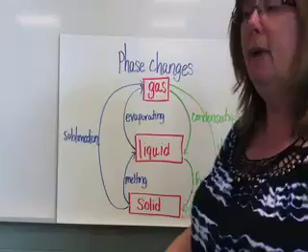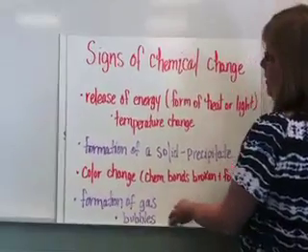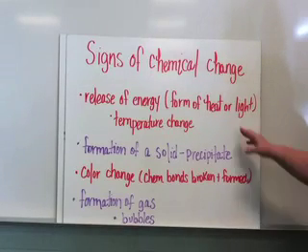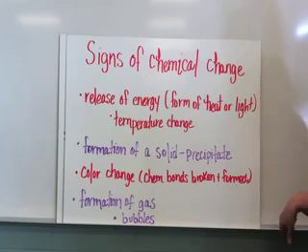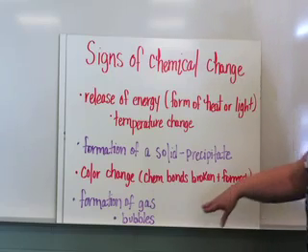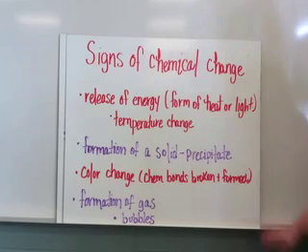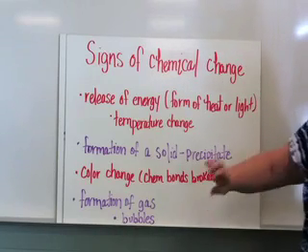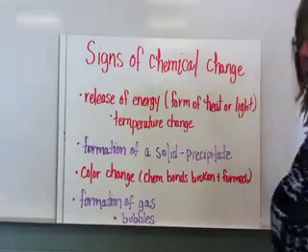If you have a chemical change, know the signs of a chemical change. A temperature change, formation of a solid that we're going to call a precipitate, color changes, bubbling due to the formation of a gas. These are all signs that the identity of our matter has changed into something new, and that is a chemical change.